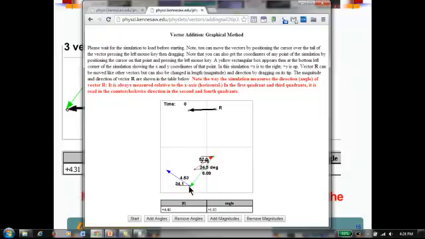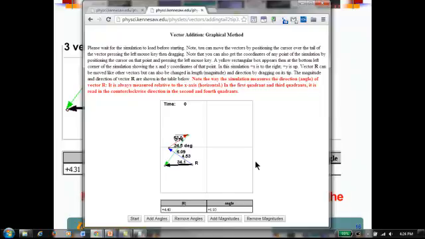I can start with the blue. At the tip of the blue, I can put the red one. And then at the tip of the red one, I can put the green one. Now let's check if the sum will match. And of course it does. So the order is not important.